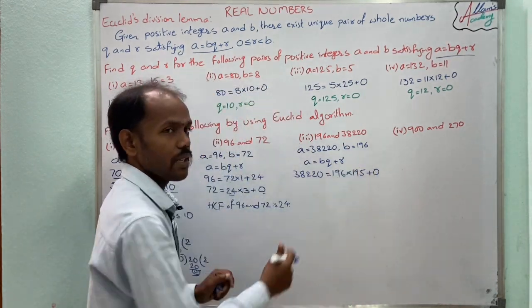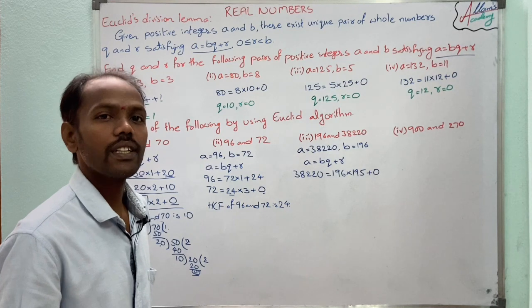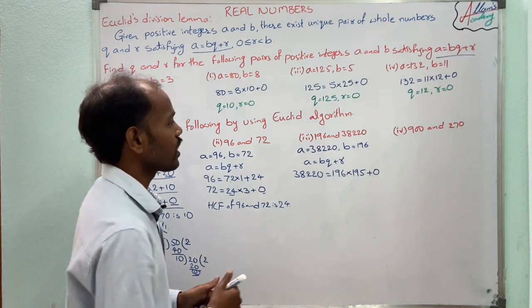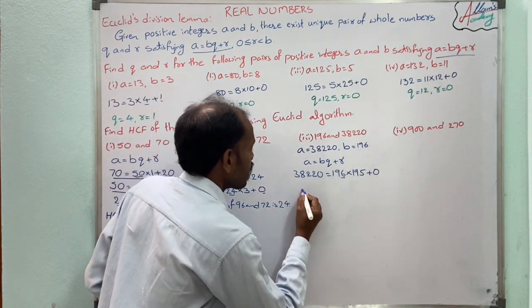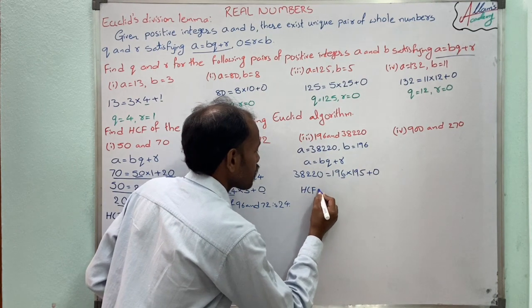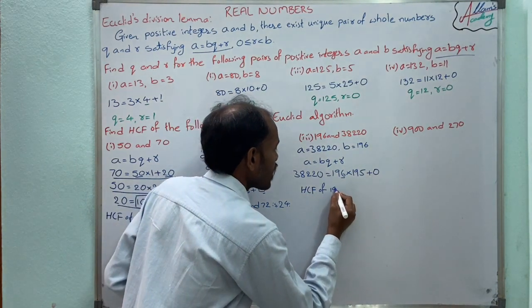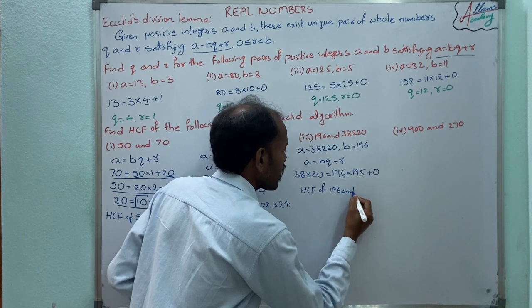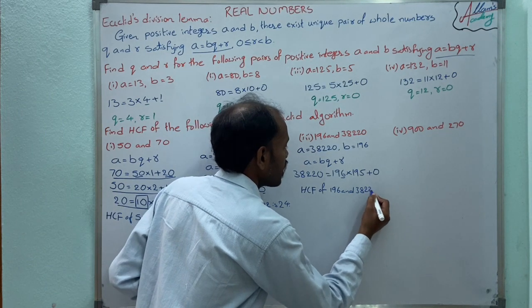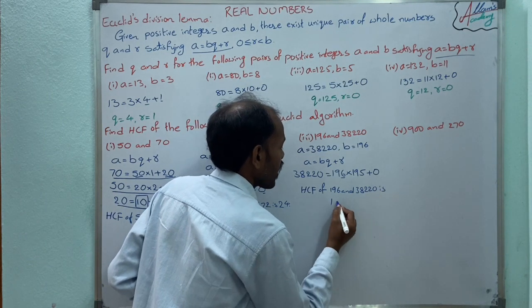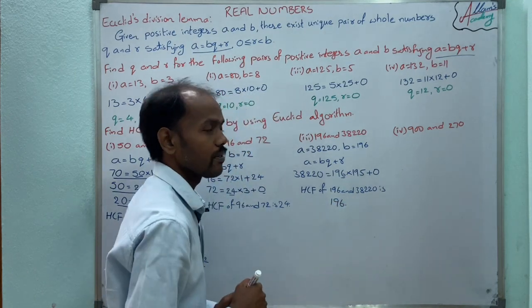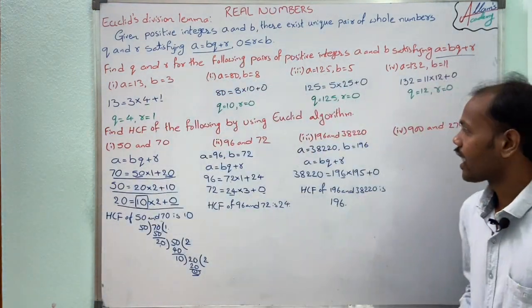So in just one step it is completed. Now here, what is the value in the b place? 196. So HCF of 196 and 38,220 is 196.